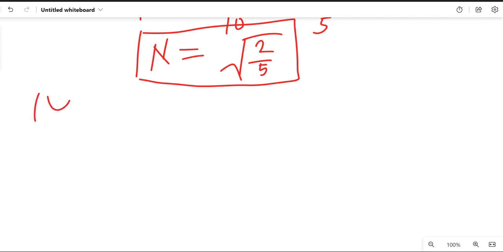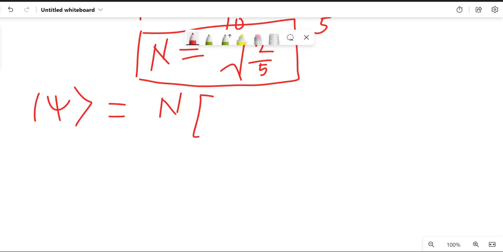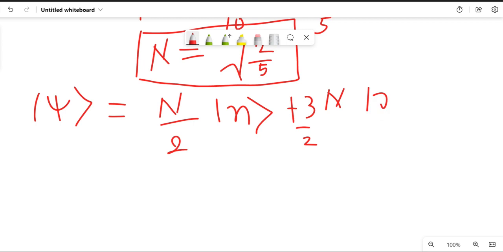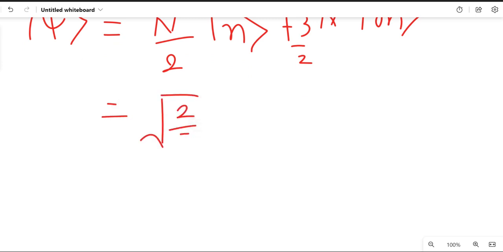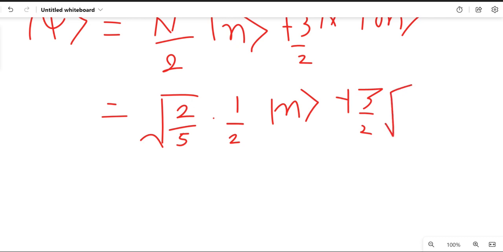Our wave function was psi is equal to N by 2 n plus 3N by 2 m state. Now N we got as under root 2 by 5, again 1 by 2 as it is, n state plus 3 by 2 times under root 2 by 5, m state.